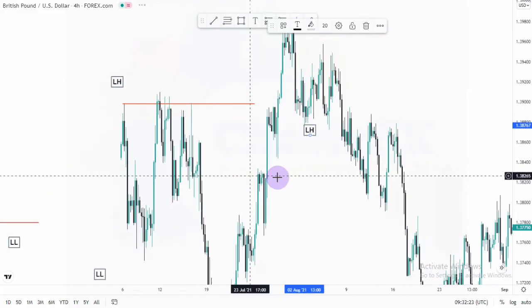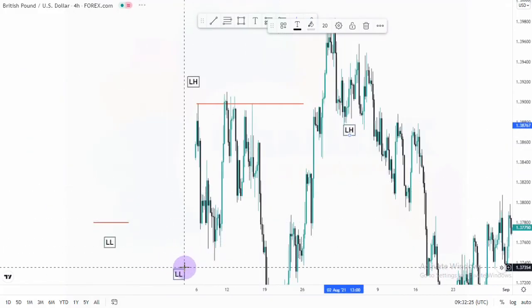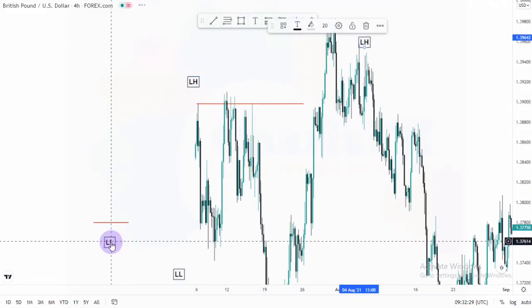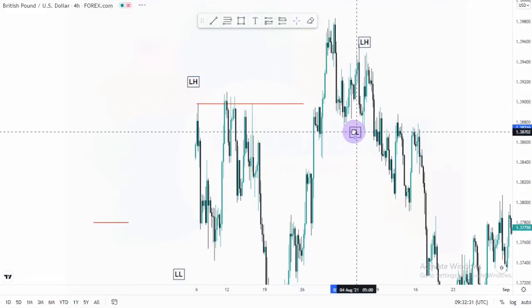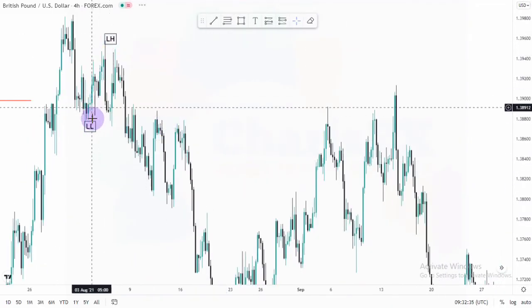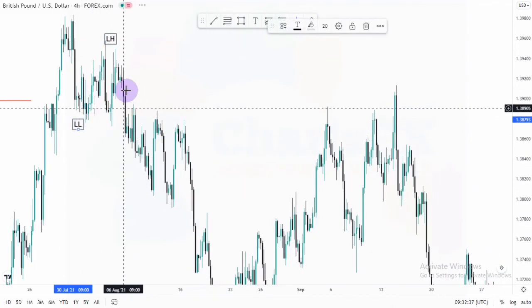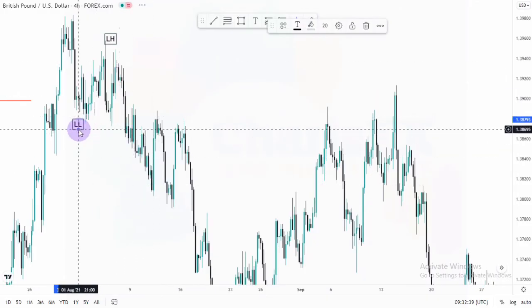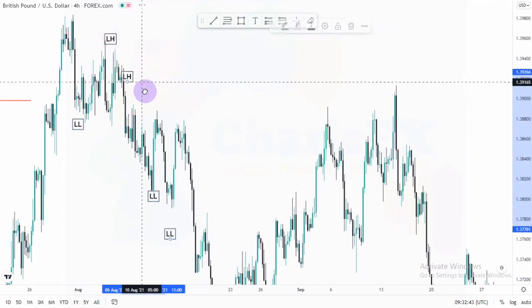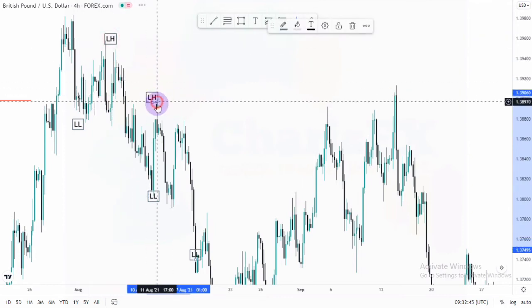Lower low, lower high here, then this is a lower low, lower high. You can see that lower low, lower high. You pick out the most obvious highs.